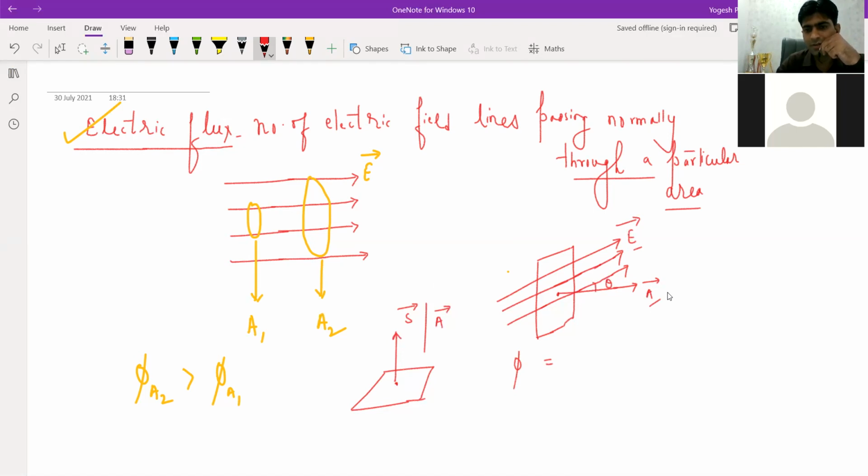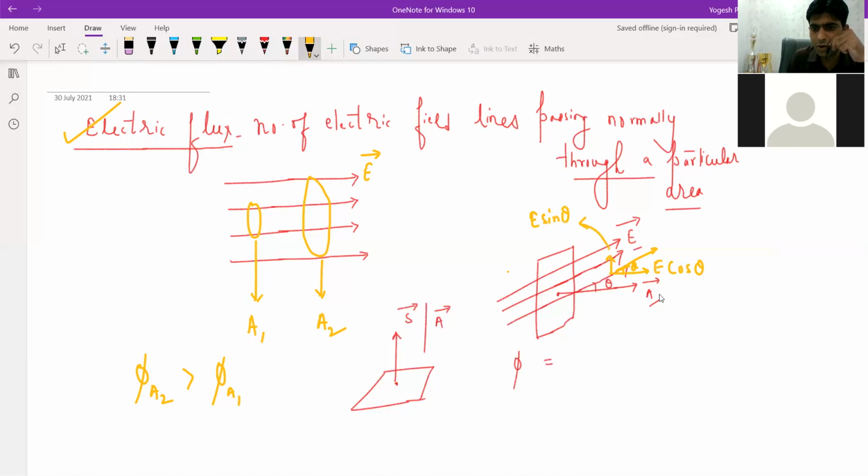We can split the electric field vector, which is inclined, into rectangular components, definitely. This is theta, so this will also be theta. This can be written as E cos theta, and this perpendicular, vertical component can be written as E sin theta.